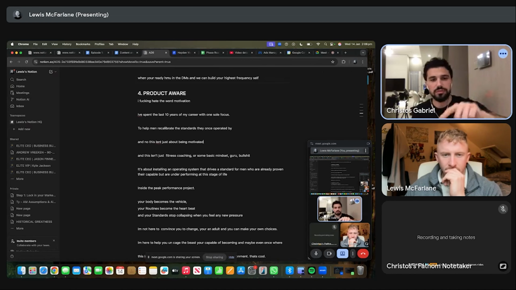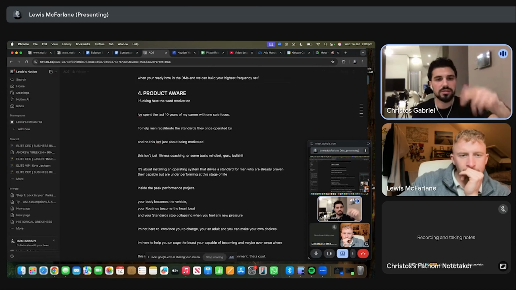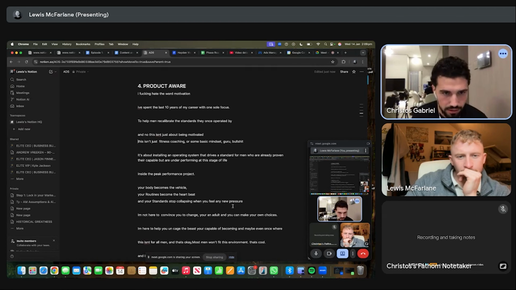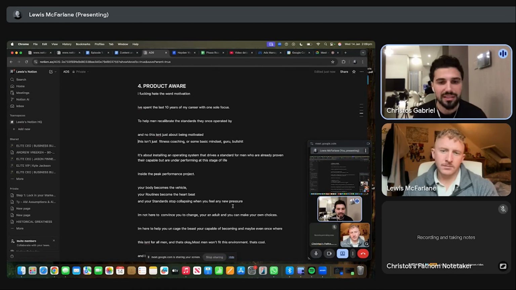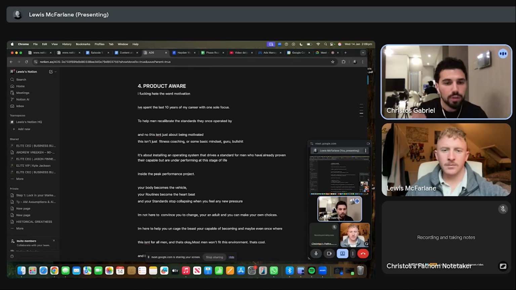So get rid of 'and' on the second line, because we've got it above. This isn't just about being motivated. This isn't just fitness coaching or some basic mindset guru bullshit. It's about installing an operating system that drives a standard for men who have already proven they're capable, but underperforming at this stage in life.